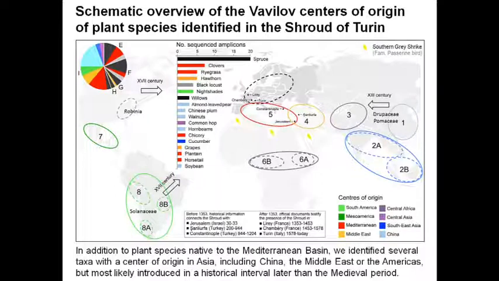Let me also add that the southern gray shrike, the small bird I was talking about before, has a distribution area in northern regions of Africa, from the Iberian Peninsula to the Arabian Peninsula.